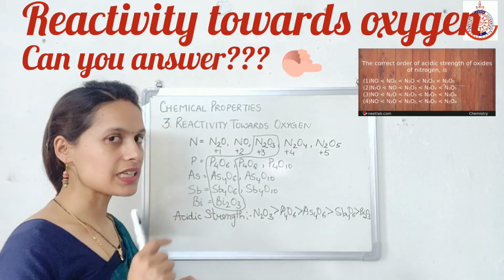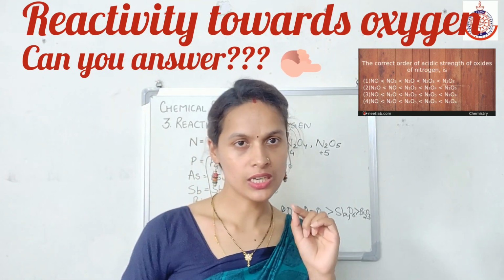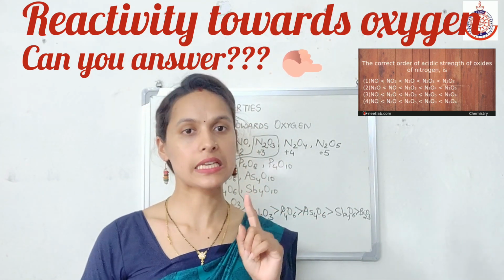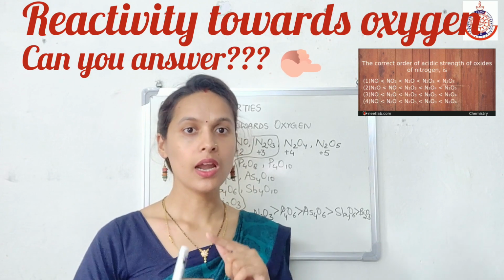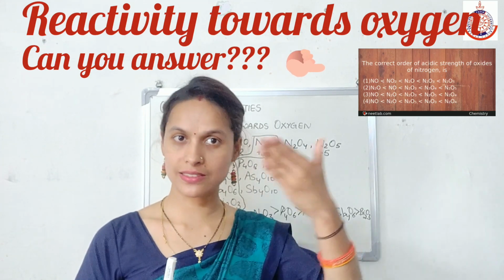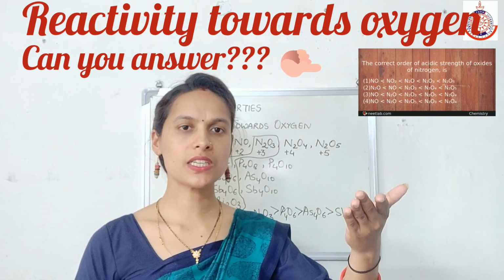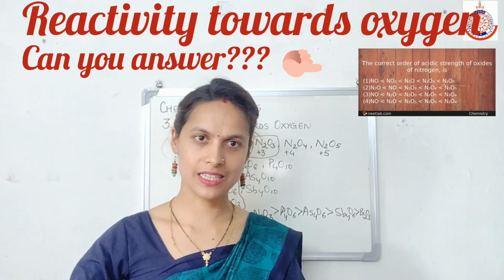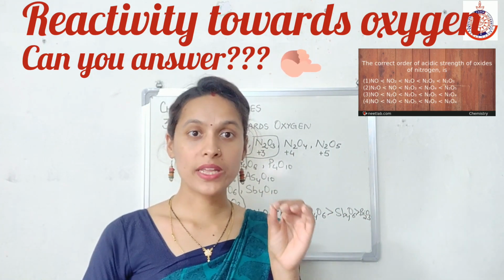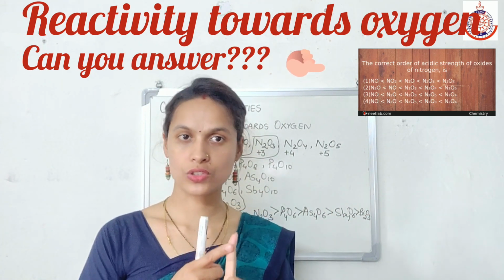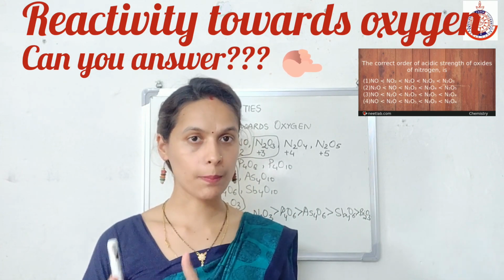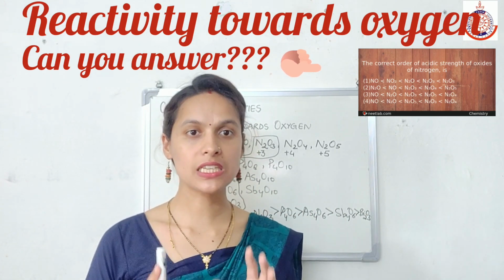Then with increase in the oxidation number, electronegativity increases, and if electronegativity increases, acidic strength increases. Clear? With increase in the oxidation state, electronegativity increases.